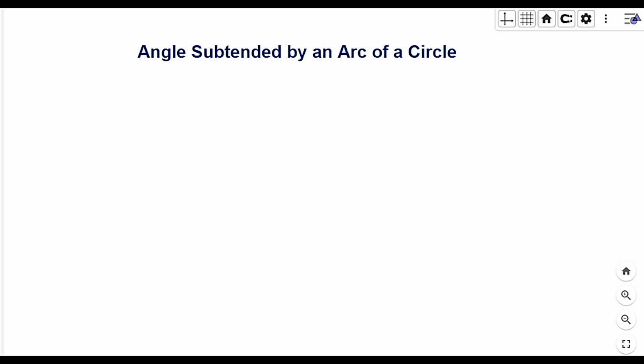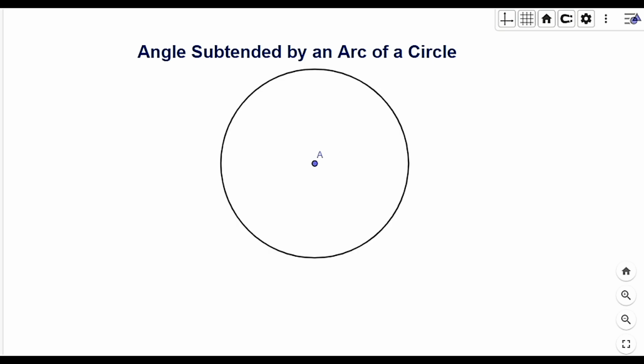The second theorem is about the angle subtended by an arc of a circle. Again, to prove this theorem, we draw a point A, which will be the center of the circle, and we draw a circle of certain radius. Now we take 2 points on the circumference of this circle. The first point is B, and the second one is B dash.